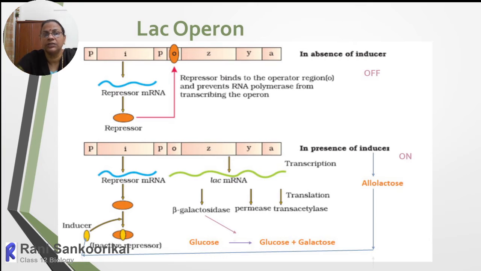Immediately after the operator, there are three genes, named Z, Y, A. When the Z gene is transcribed, it produces mRNA, which initiates the synthesis of a particular enzyme called the beta-galactosidase enzyme.